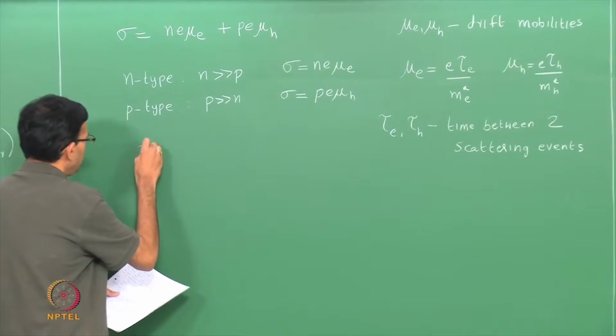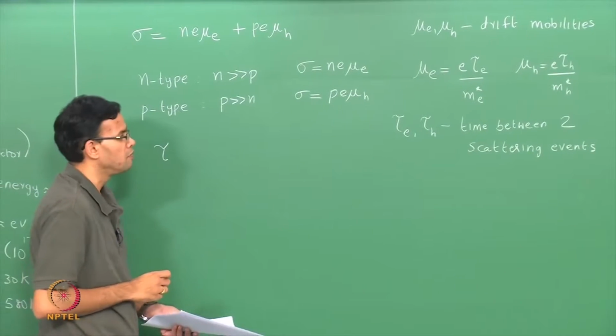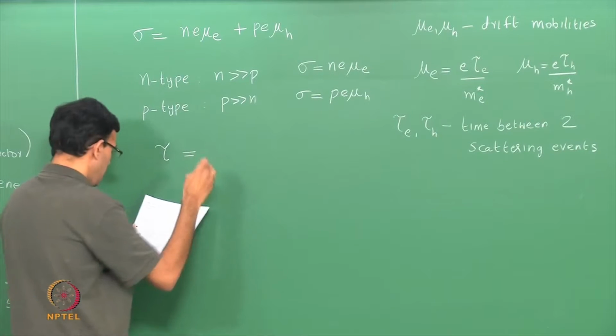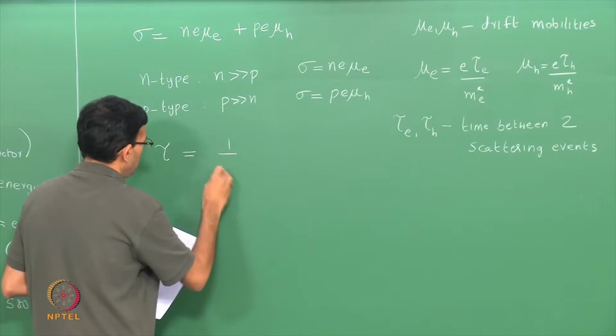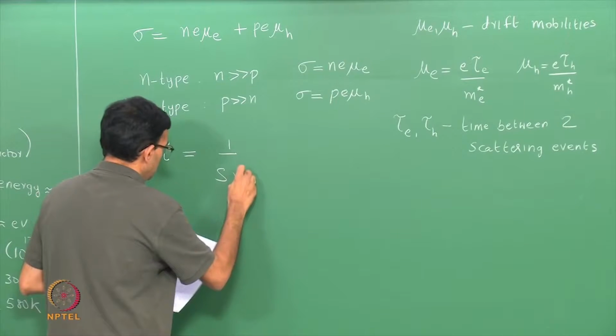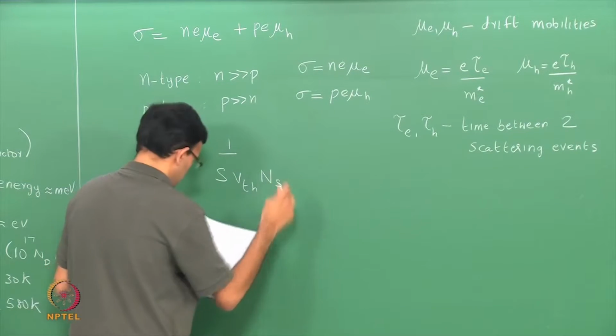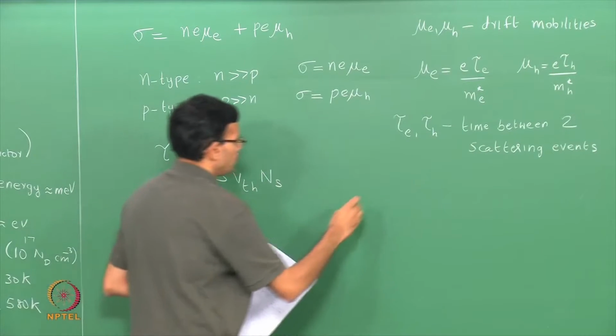Now, there is another way we can write tau, which is the time between two scattering events. Tau can be written as 1 over S V thermal times Ns. So, what are these terms?